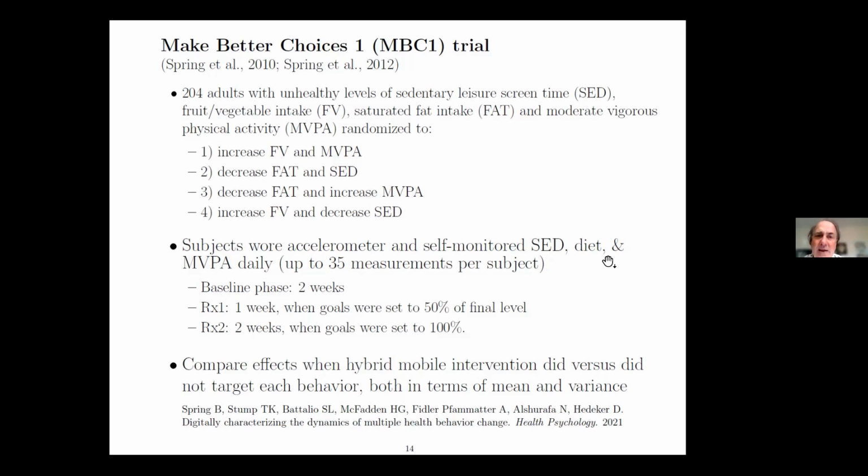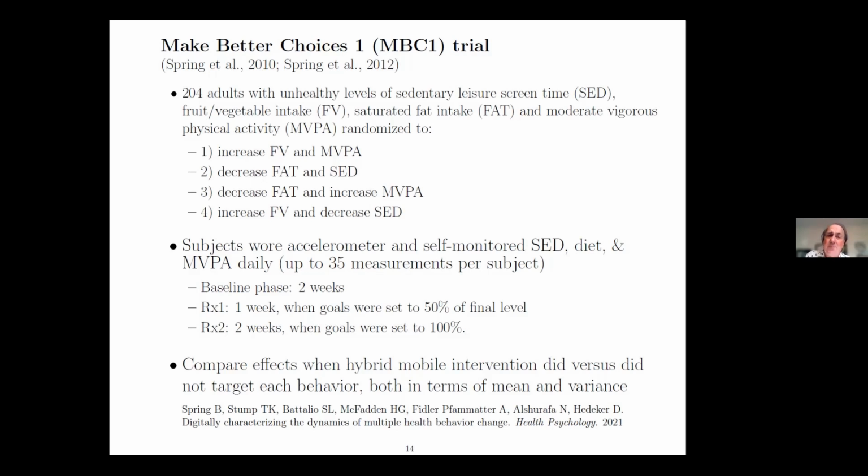So strictly speaking, this is not an ecological momentary study in the sense that they weren't given a smartphone, and so the data didn't come to us that way. But it is an intensive longitudinal study in the sense that we have quite a few measurements per subject, so up to 35 measurements per subject. And so that's what we'll look at today.